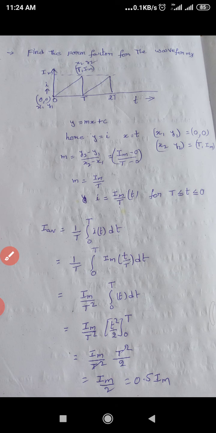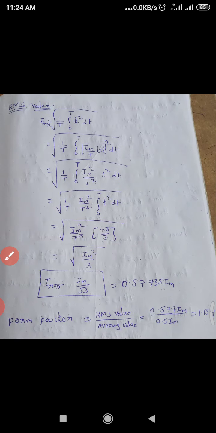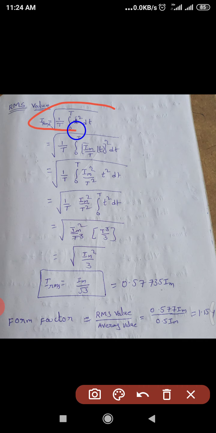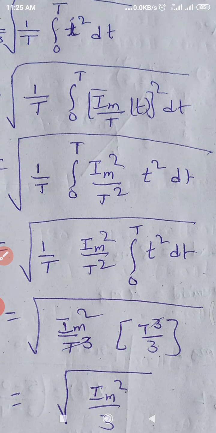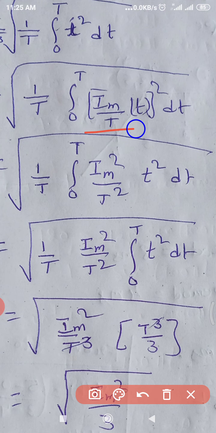Now let us see the RMS value. How can we find this RMS value? This is the basic formula for finding the RMS value: square root of 1 by T integral 0 to T i square into dt. Here we already found the i. Now substitute the values here. If you substitute, we get 1 by T integral 0 to T of Im by T into t whole square into dt.